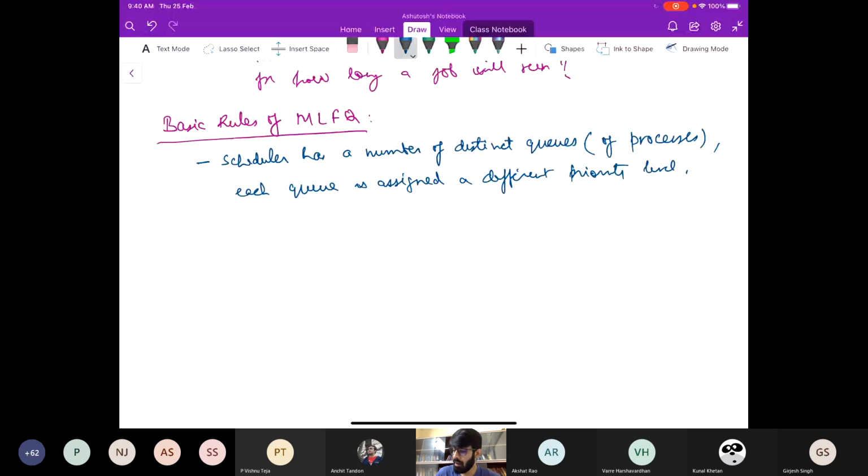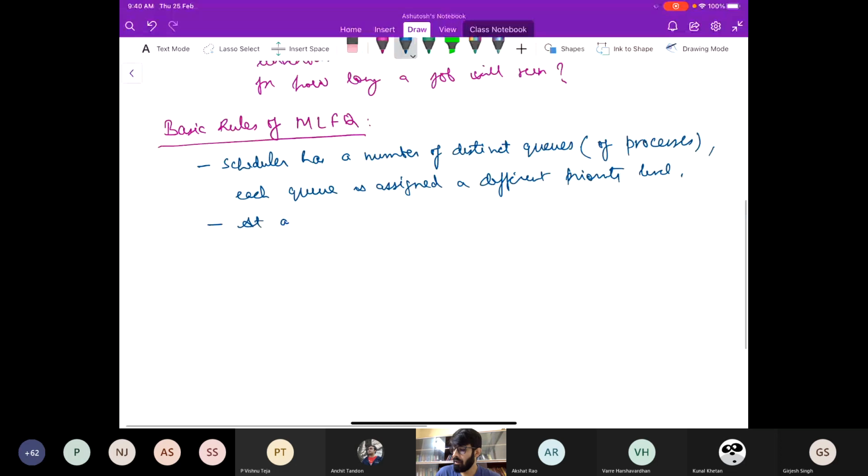And at any point, a process in ready state, which we had seen in one of the earlier lectures, I think second or third, is in a single queue.